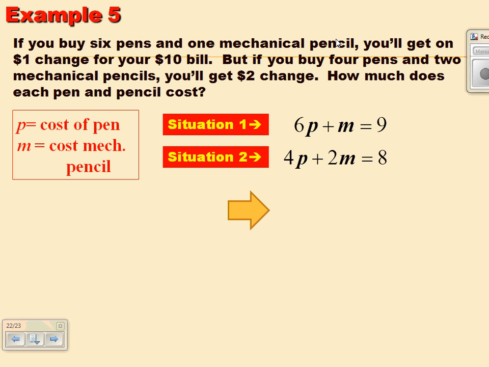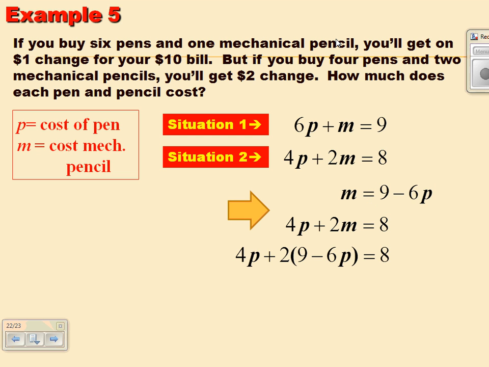I then want to get M by itself on the top equation. I then substituted 9 minus 6P into M in the bottom equation. I simplify it. I get negative 8 equals negative 10P. Don't worry, guys. If you see something like this, it still will work.